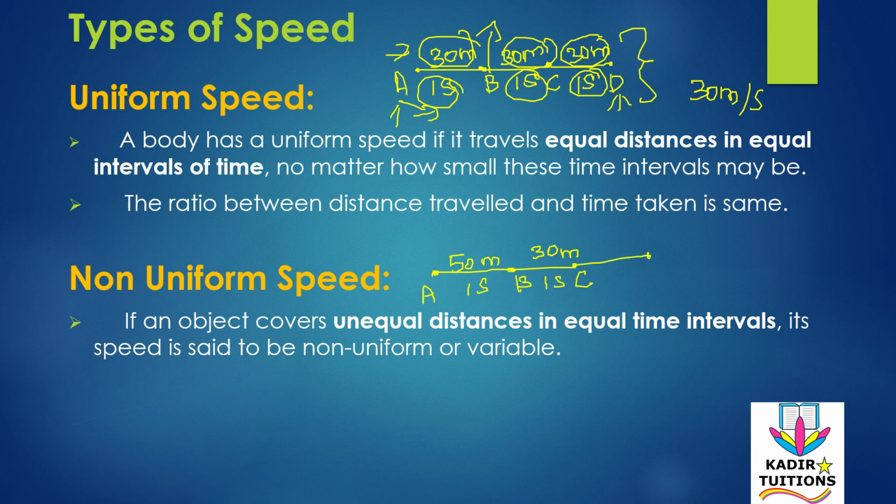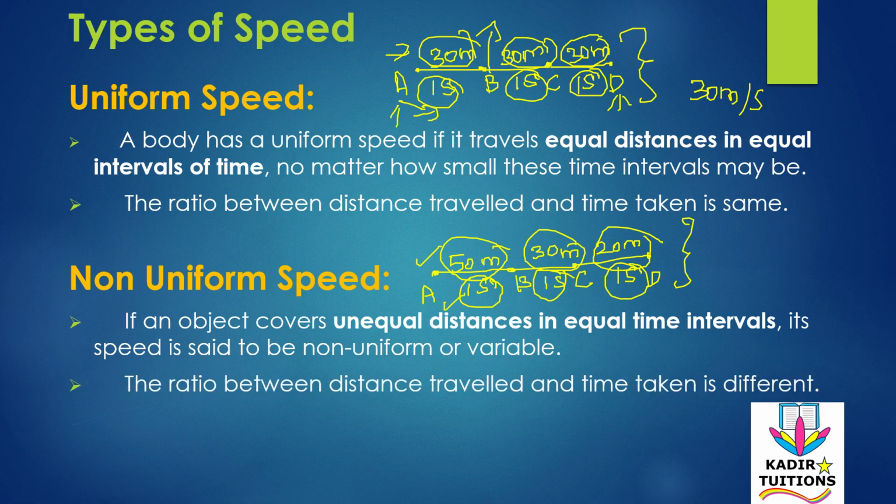Again, from C to D, one more second is there. That means the time duration is the same, 1 second, but we have moved 20 meter. So when you look into it, the time durations are equal, but the distance covered in that equal interval of time differs. This is what we say as non-uniform speed. And here the ratio between the distance traveled and the time taken will always be different.